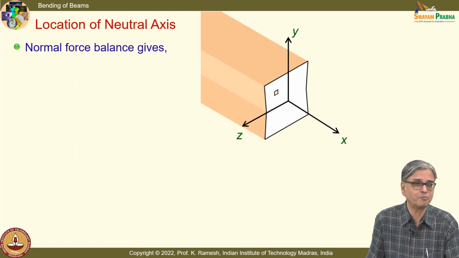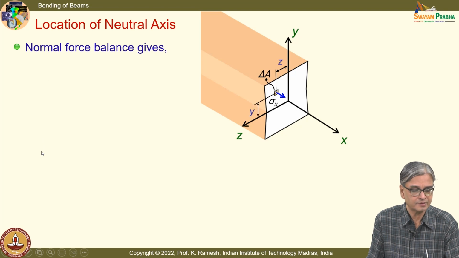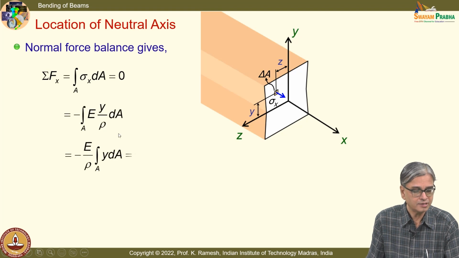Because many modifications can be done in problem formulation. So what does the normal force balance give when I have the expression? I replace sigma x in terms of E y by rho. I have a relationship here because we have said this is made of one material.